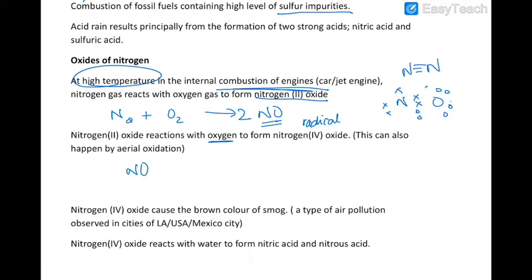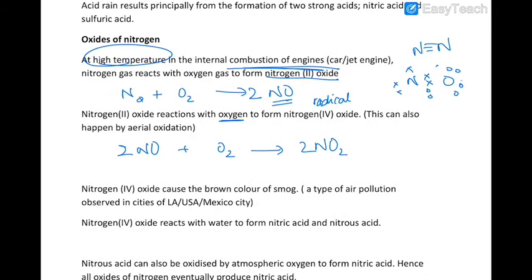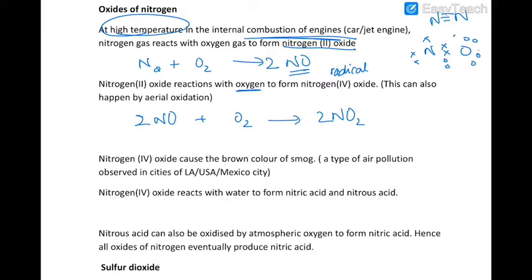Oxide of nitrogen will react with oxygen to form nitrogen dioxide. Now this nitrogen dioxide forms smog. Smog is also a type of air pollution, and this is going to react with water, whether in the form of snow, fog or rain, to form nitric acid and nitrous acid.